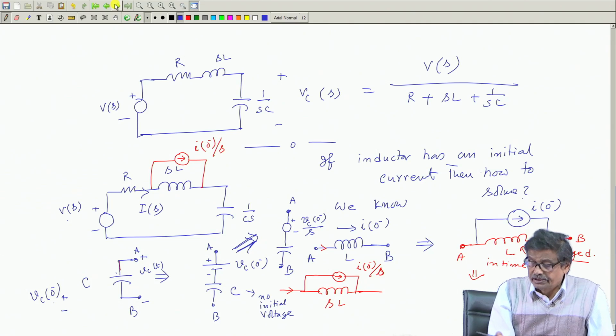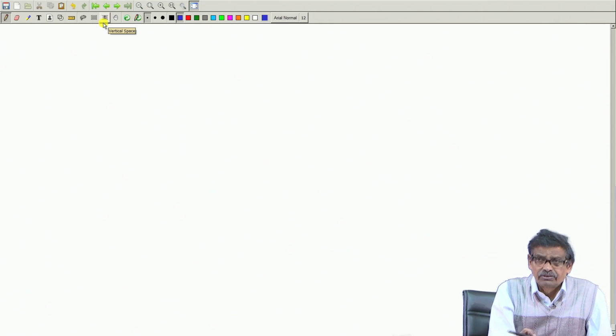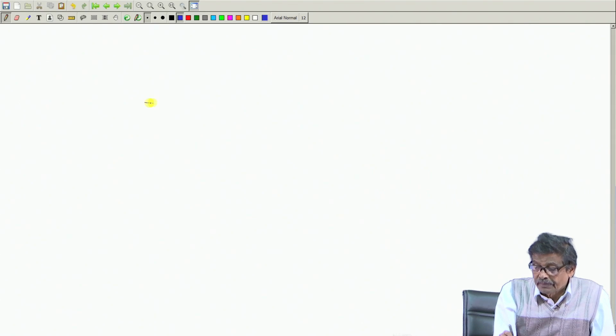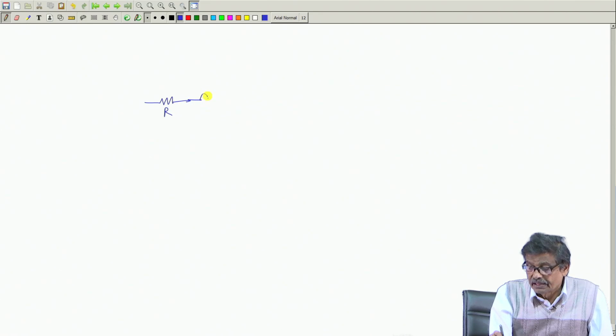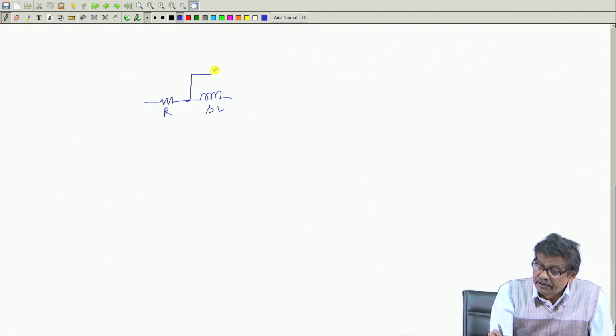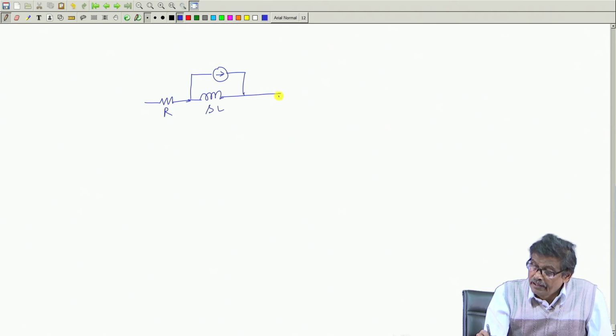So, I will finally draw one circuit, and next class I will try to solve a problem with initial current. What am I telling? In S domain, the circuit in general will look like an inductor SL parallel with a current source, then a capacitor, with an uncharged capacitor.